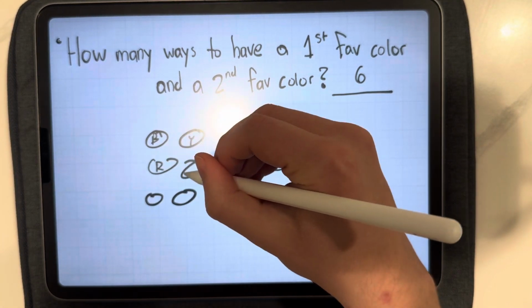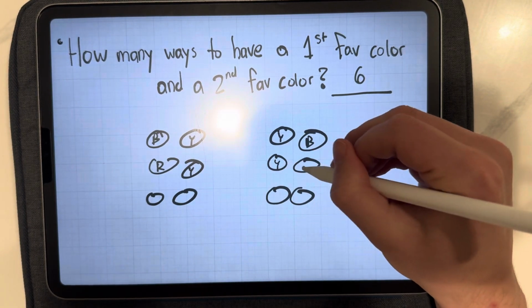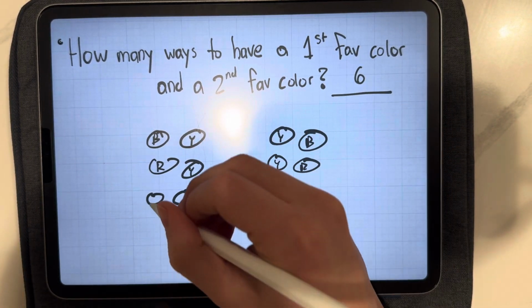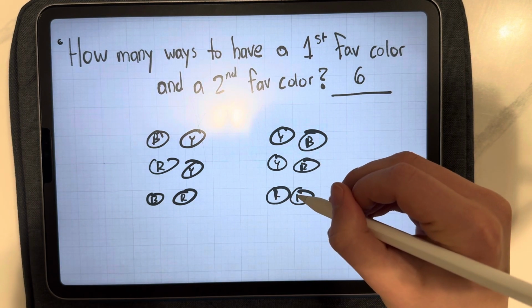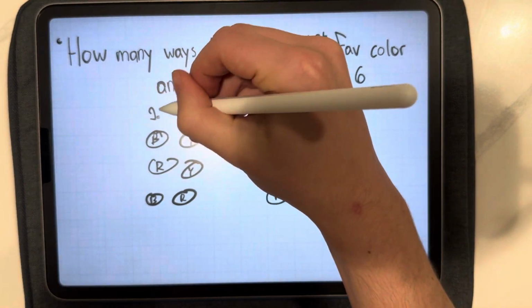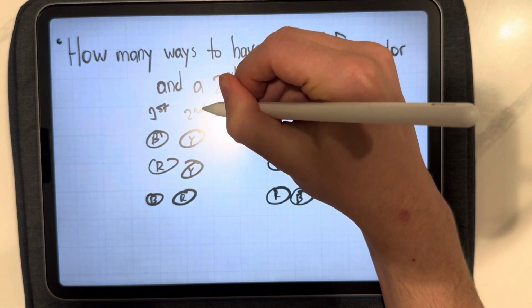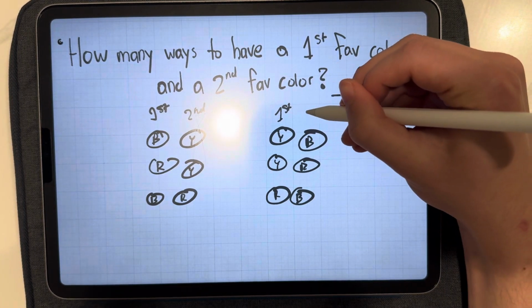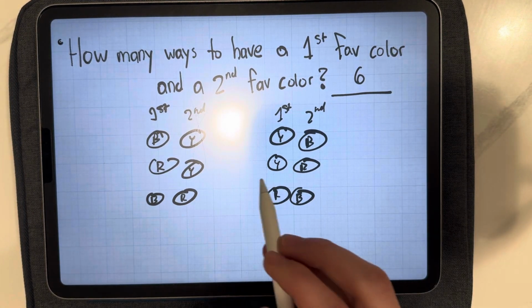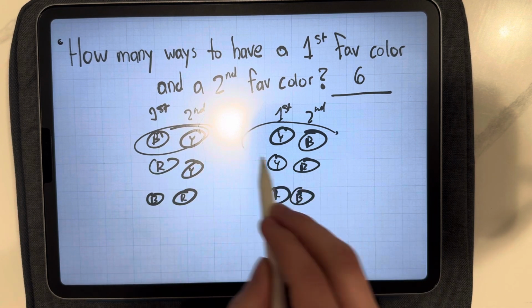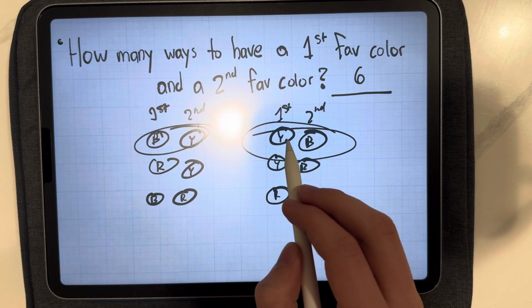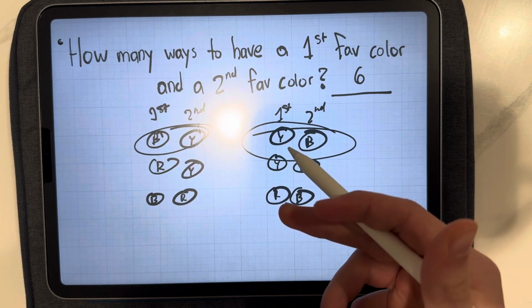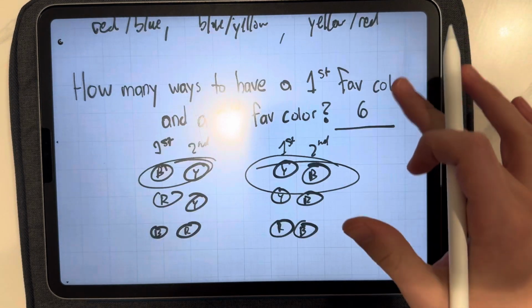This is red and yellow, this is yellow and red, and this is blue and red and red and blue. And so these are my first favorite and second favorite color. You can tell that these are different permutations because here blue is my first favorite and here yellow is my first favorite, so they're different.